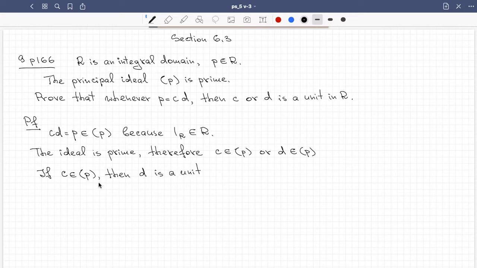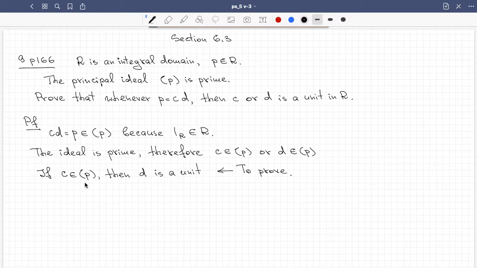That is what I want to prove. That suffices because an integral domain is commutative, so either way, who is C, who is D, does not matter. If D is in the ideal, then C is a unit. So that is the statement I want to prove.